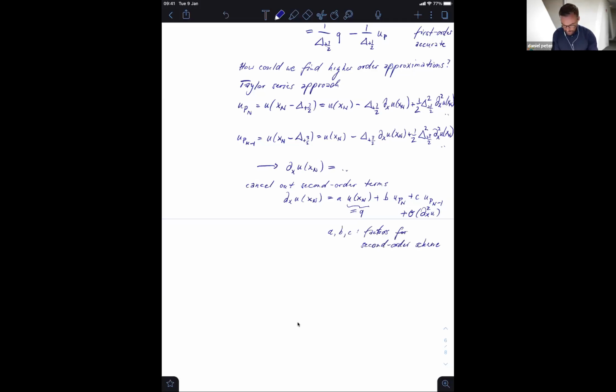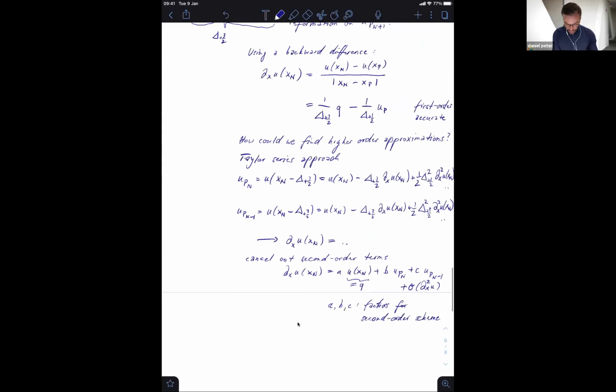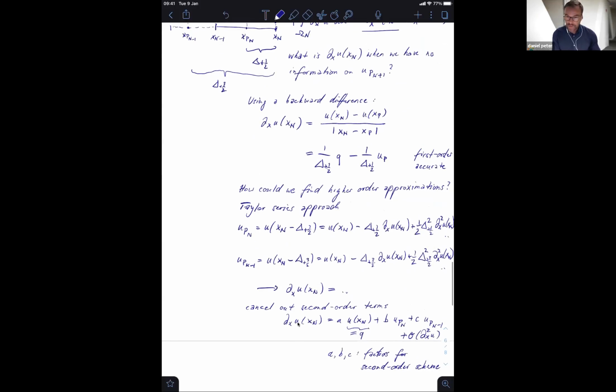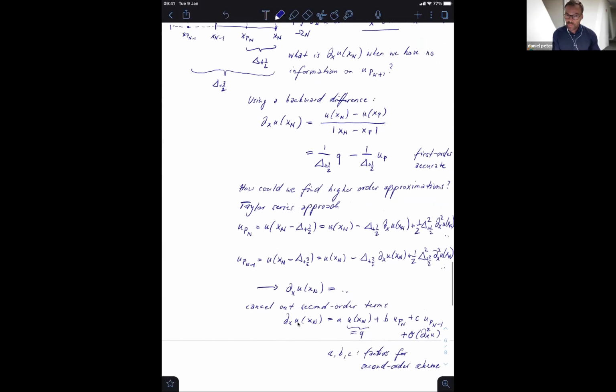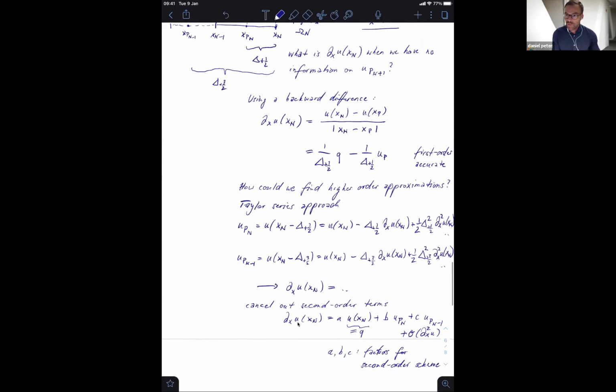I'm not going to write these out now, but you see how you would construct the second order boundary expression, for example. Good. For now, we'll just use this simple approach, the first order boundary approach, with this backward difference.